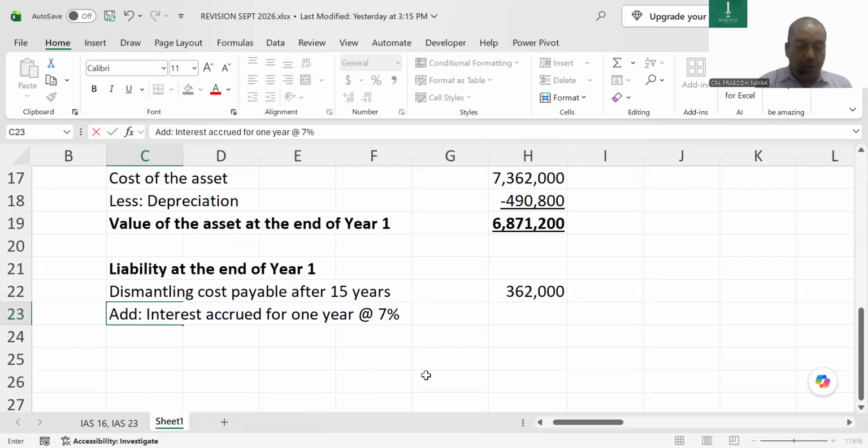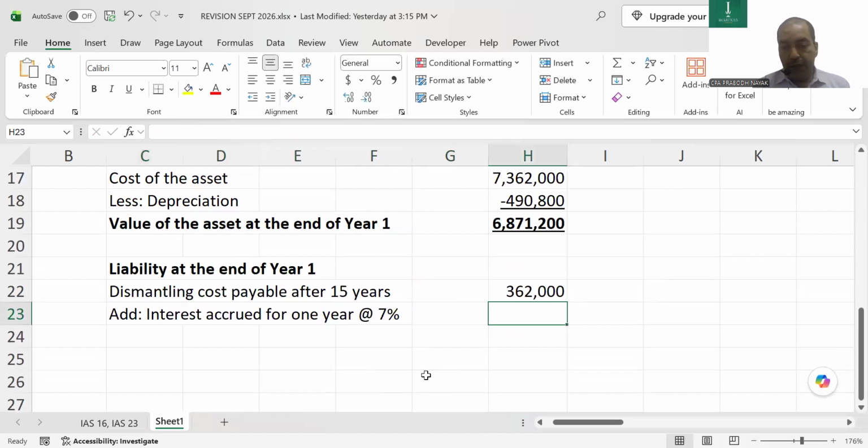So 362,000 into 7% for the first year, it is 25,340. Okay. So this is your total liability at the end of year.